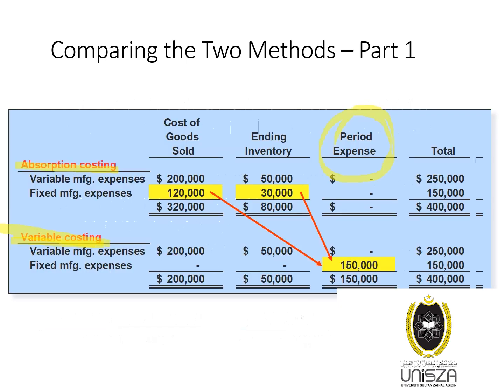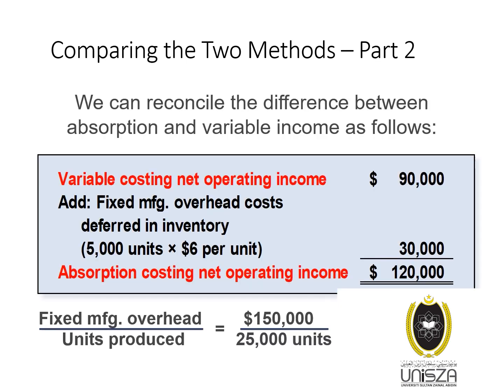Next, we can reconcile the difference between absorption and variable income as follows. Under variable costing, we know that the net operating income reported is 90,000, and then we add the fixed manufacturing overhead costs deferred in inventory, 5,000 units times 6, which is 30,000. So 90 plus 30 will be 120,000, and this is the net operating income reported under absorption costing.